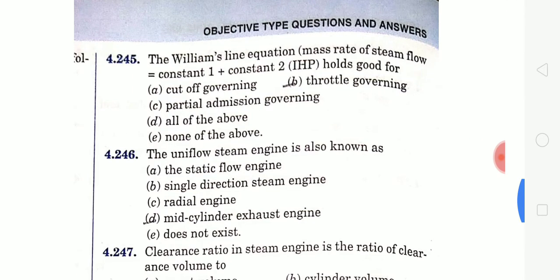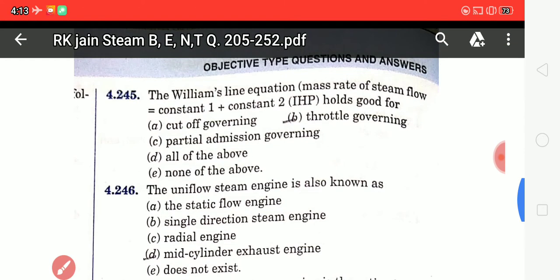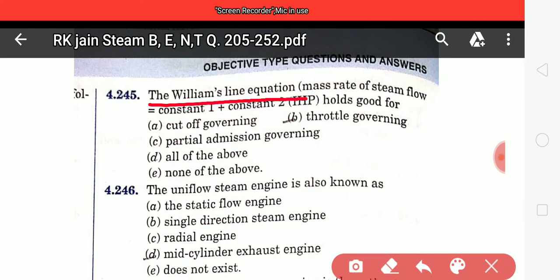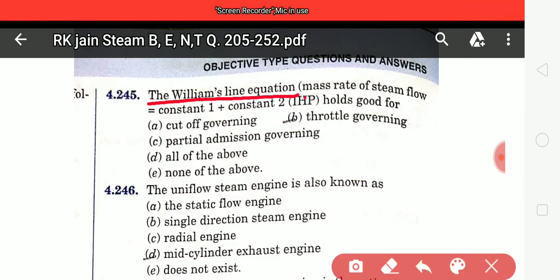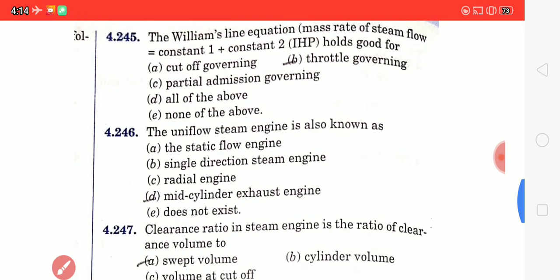Next, the Williams line equation, mass rate of steam flow is equal to constant 1 plus constant 2 times IHP, holds good for throttle governing.